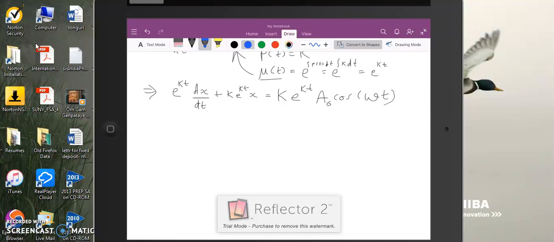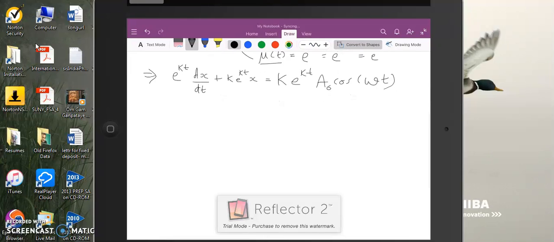Now we multiplied mu of t into the previous equation to make it easy to find the antiderivative of this term, sort of like a reverse of the product rule. So the reverse of the product rule in this case would have been the d by dt of e to the kt times x. Now let's verify this just to make sure that I'm not making a mistake.